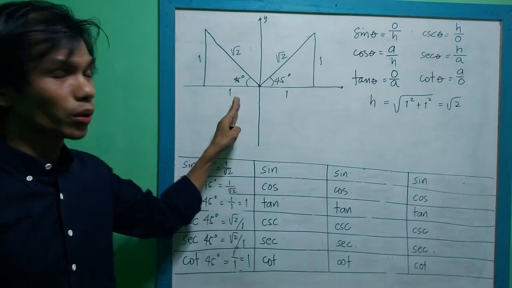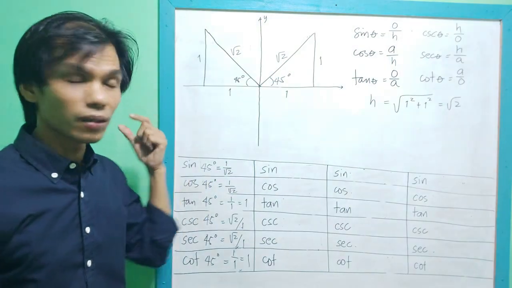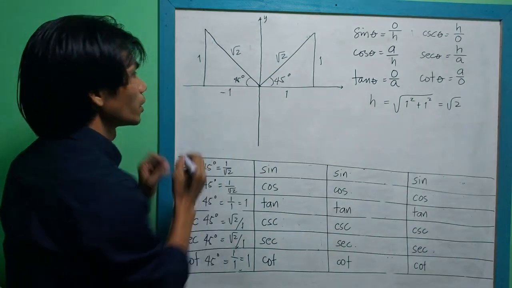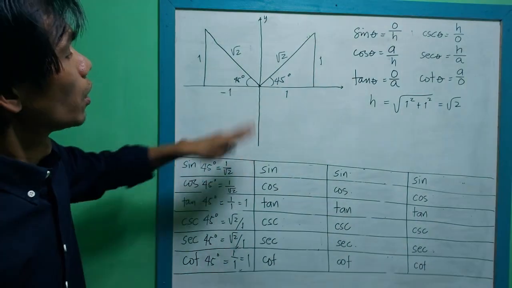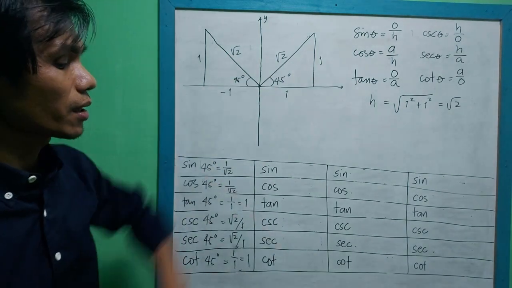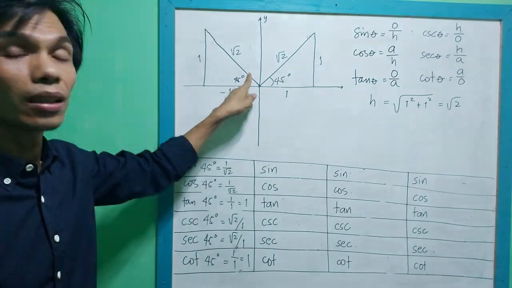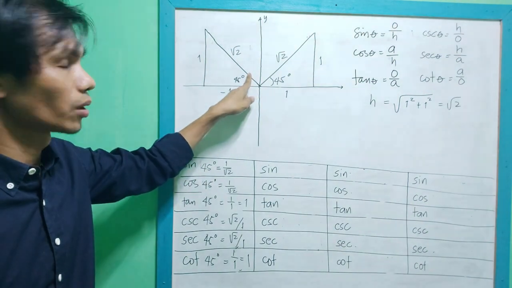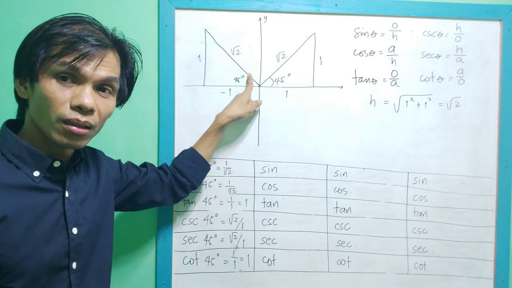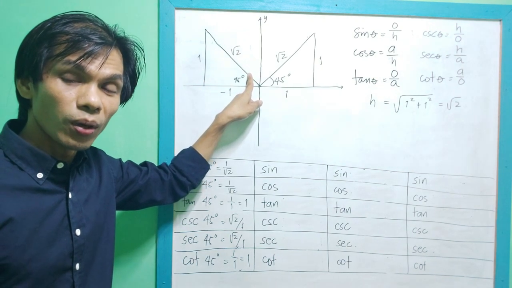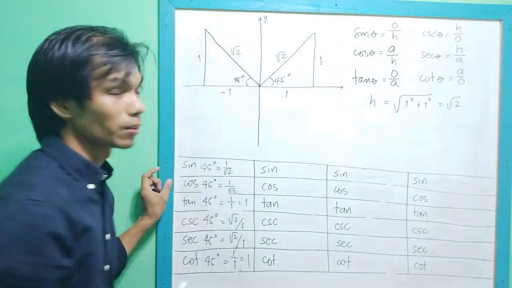And this is square root of 2. Right? Pero notice guys, ano yung x dito? Negative. Kaya dapat negative 1 na ito. Okay? Kung 180 to, tapos magle-less tayo dyan ng 45 degrees, mula dito hanggang dito sa angle na to, ilang degrees? 180 minus 45, 135.